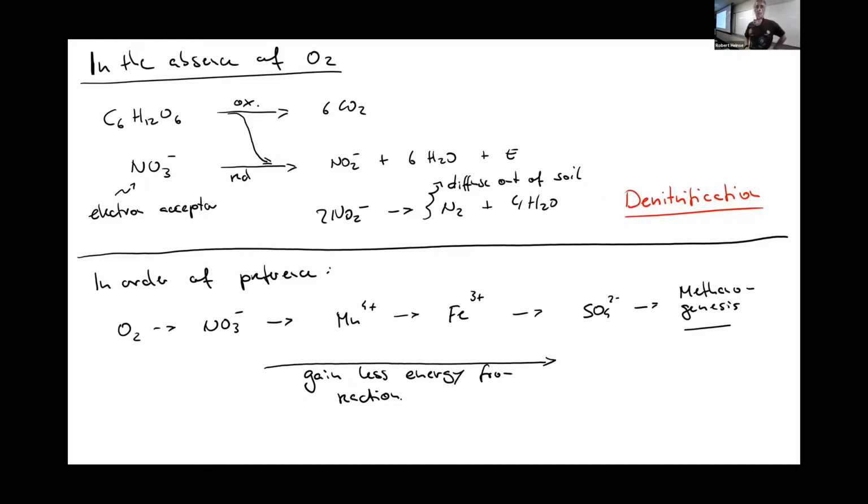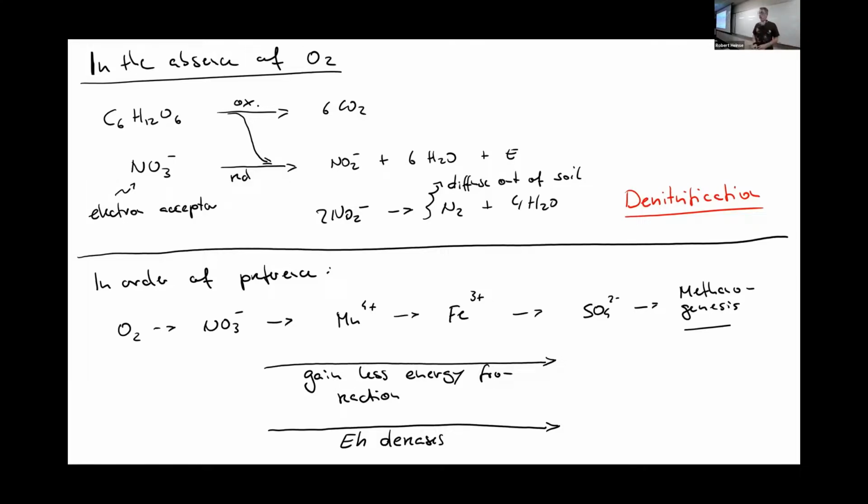And then how it all relates back to the potency of the electron or the redox potential, this EH measure, is that the millivolt potential that we measure changes as we go from left to right. So the EH declines or decreases as we go from left to right.